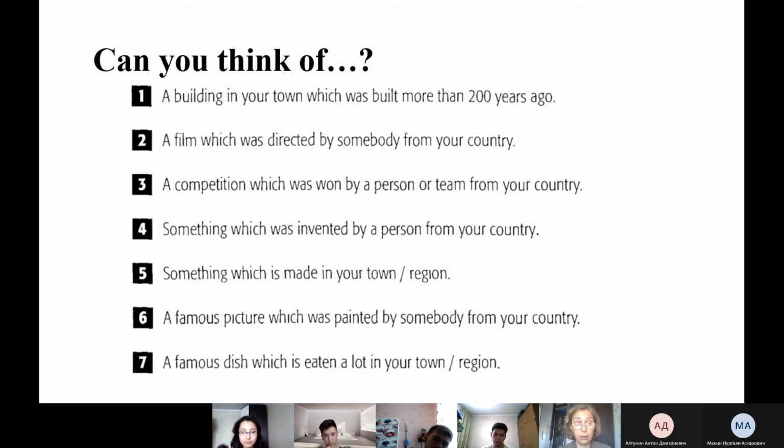Okay, so the next one is for Anton, number 5. Something which is made in your town or region. You give the name of this thing. Vegetables.